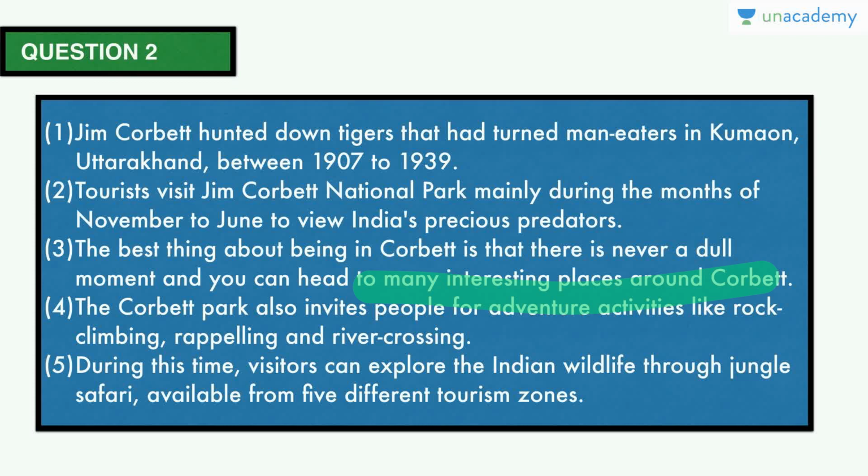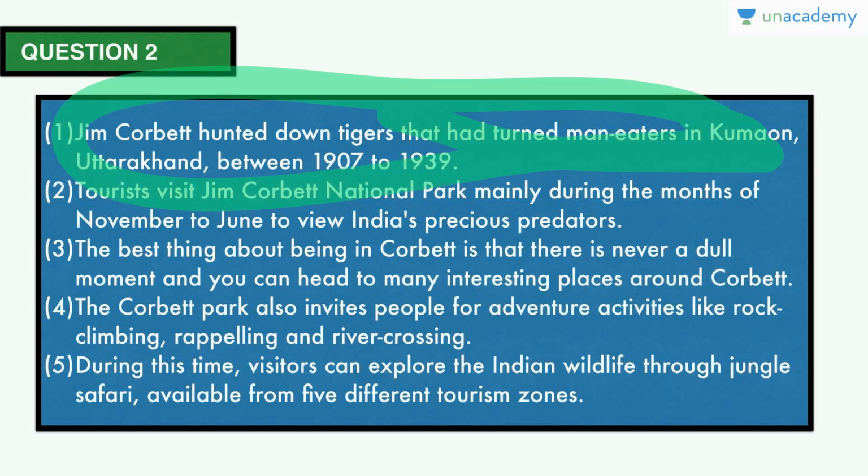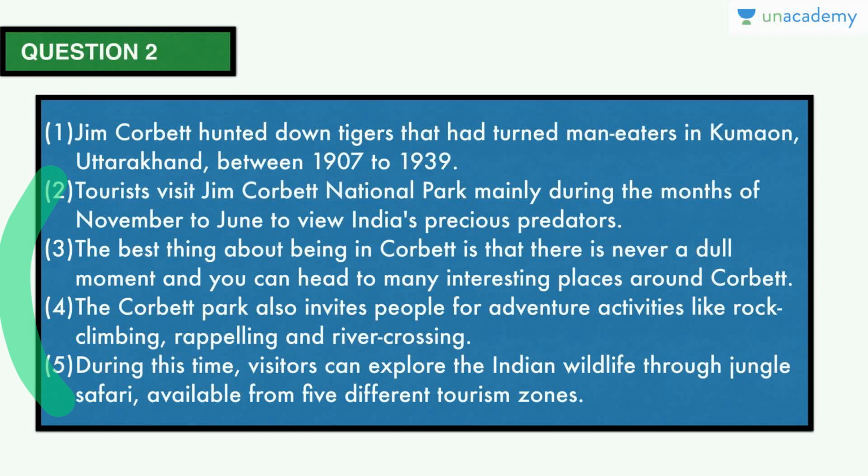Jim Corbett hunted down tigers that had turned man-eaters. Clearly, one is excluded. All 4 sentences are talking about the national park, and this is talking about the person Jim Corbett, what he did, that he hunted down tigers.